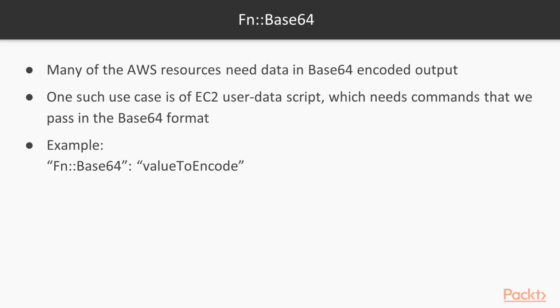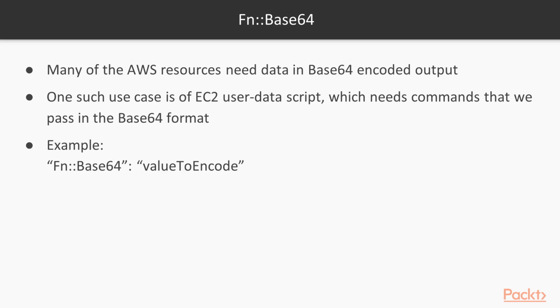Ideally, there are two ways in which you can do that. First, you write whatever commands you need in user data, go to a base 64 encoder tool, encode into the base 64 format and pass it to the user data. Or the simpler way is you just use the function base 64, and within the value field you pass the commands that you want to pass with the help of user data scripts.